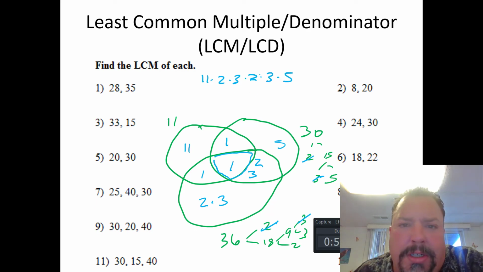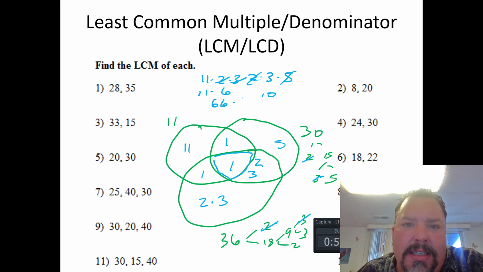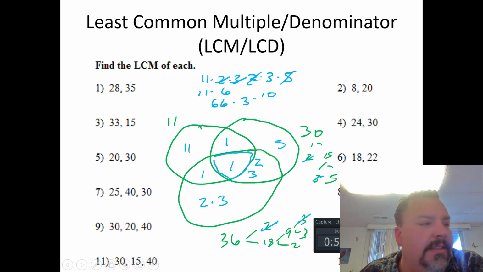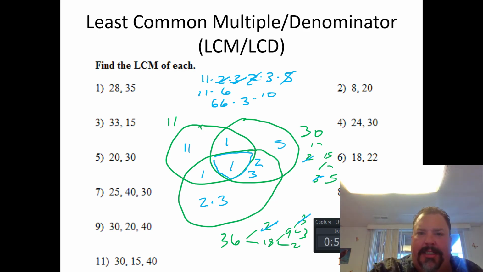And you could pick the order, so 2 times 5 is 10. And maybe I do, which I do next, 2 times 3 is 6. 6 times 11, that's 66. 66 times 3 times 10. What does that come out to? Let me grab my calculator quick. 1980 looks like.